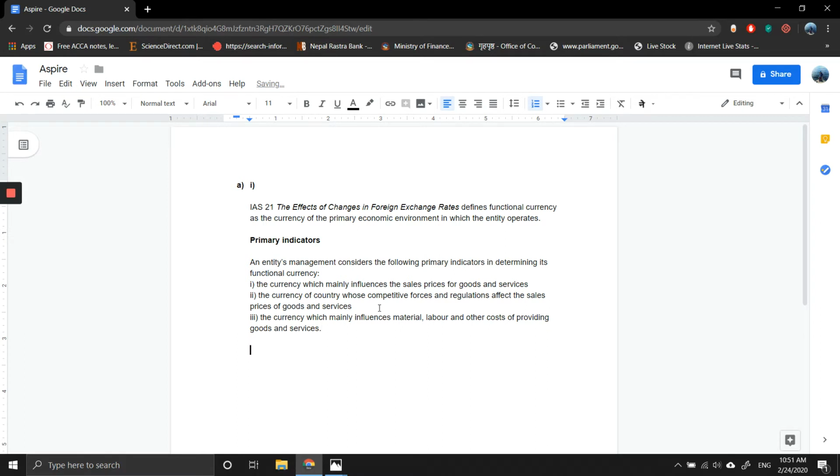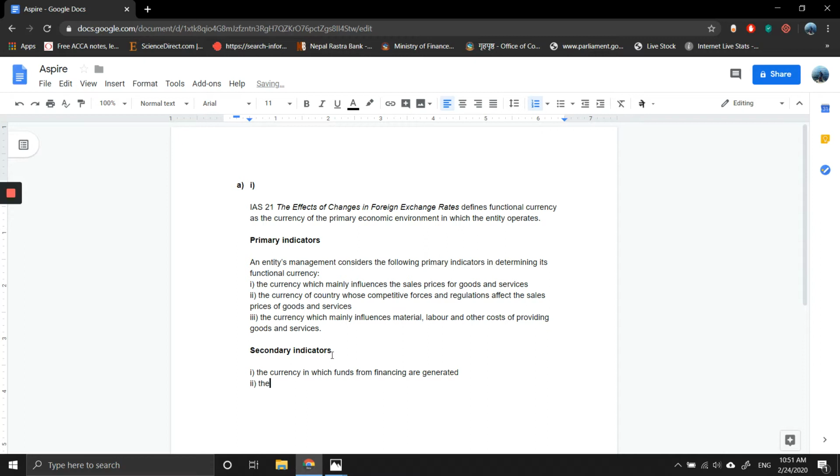And the secondary indicators are, number one, the currency in which funds from financing are generated.